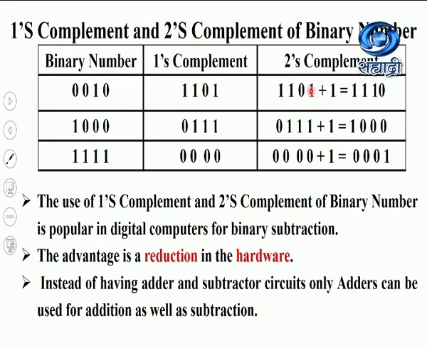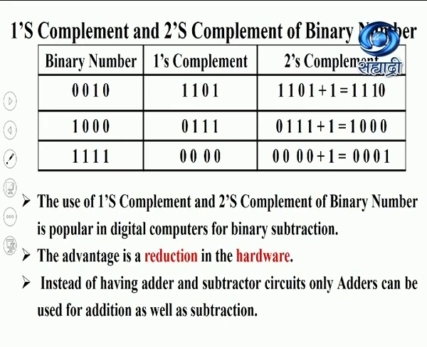To that we add 1, and we get the twos complement of the binary number 0010 as 1110. Next binary number is 1000. Its corresponding ones complement is 0111 and its corresponding twos complement is 1000.